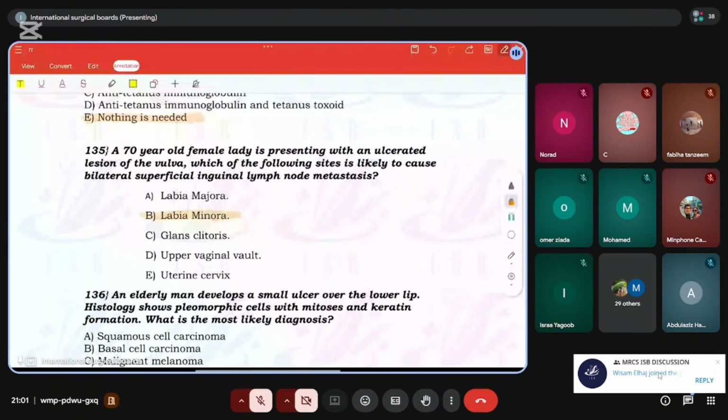You have 100 questions, 100 minutes. It's all recent exams. After the 100 minutes finish, it will close on its own. It will give you your feedback, but it will close on its own even if you didn't finish the exam. I will tell you in detail how to access the mock right after the break.